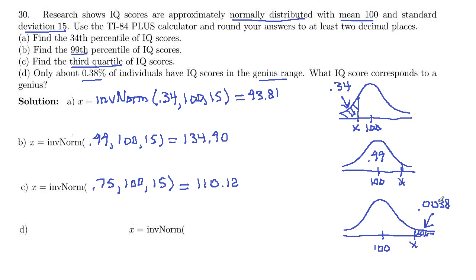Remember, you shift 2 to the left. So we need to know this left area here, unless you've got the menu inside your inverse norm. So our left area is going to be the complement, so 1 minus 0.0038.